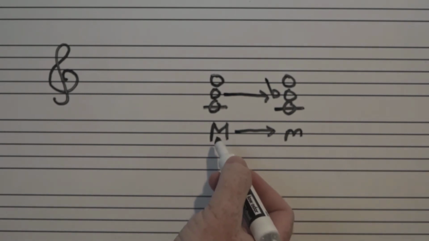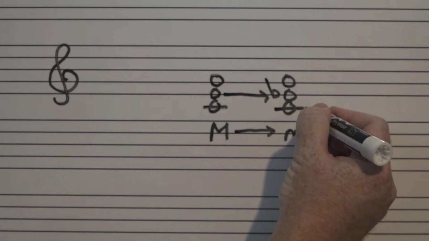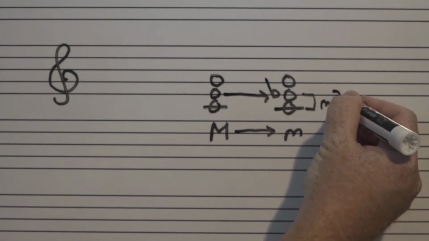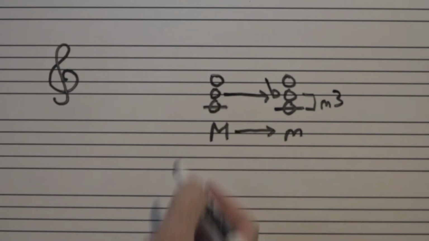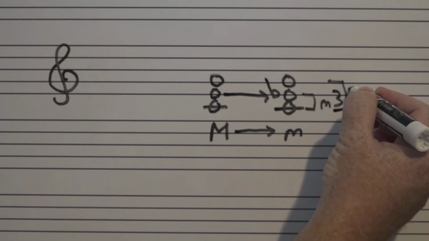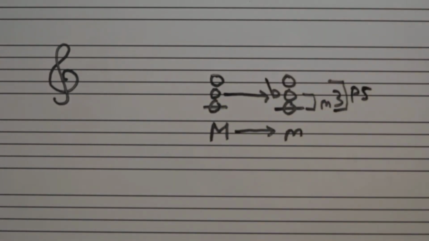So there's a major triad, and there is a minor triad. And let's go ahead and analyze that further too. In a minor triad, we have a minor third instead of our major third over here. And we still have a perfect fifth. So that's our minor triad.